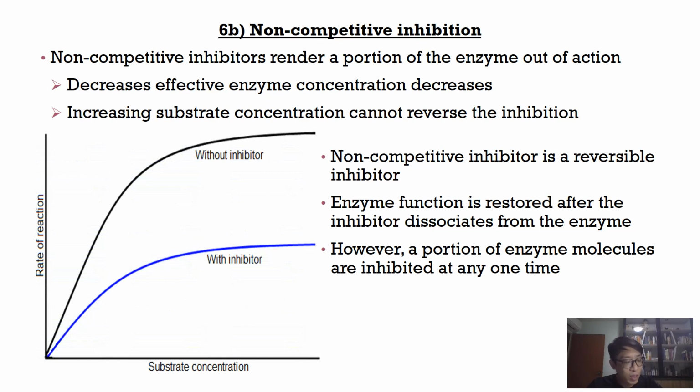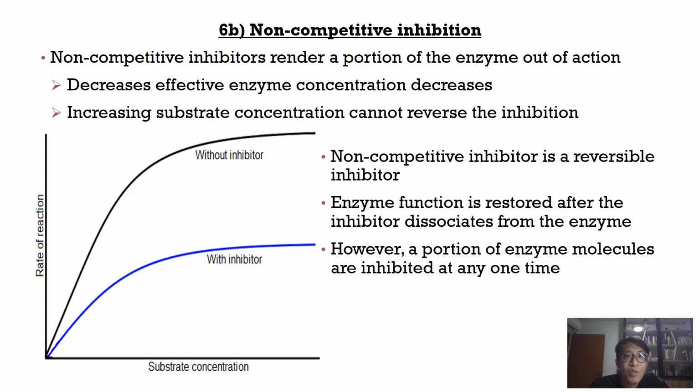For the graph showing the enzyme kinetics with and without the inhibitor, this is what it typically shows. Even at high substrate concentration, the same Vmax as without the inhibitor is never achieved. The maximum rate of reaction with the inhibitor would always be lower.